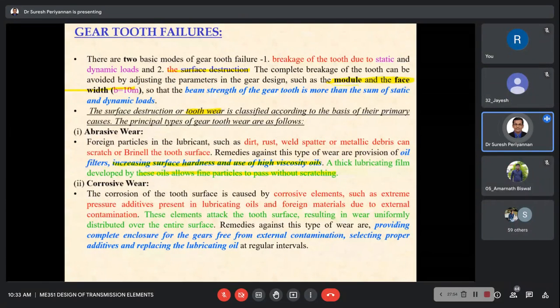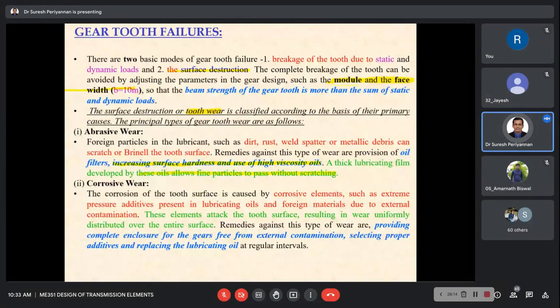That's what they are suggesting: use a thick lubricating film. We are going to discuss thin film lubrication and thick film lubrication in the next topic, bearings.